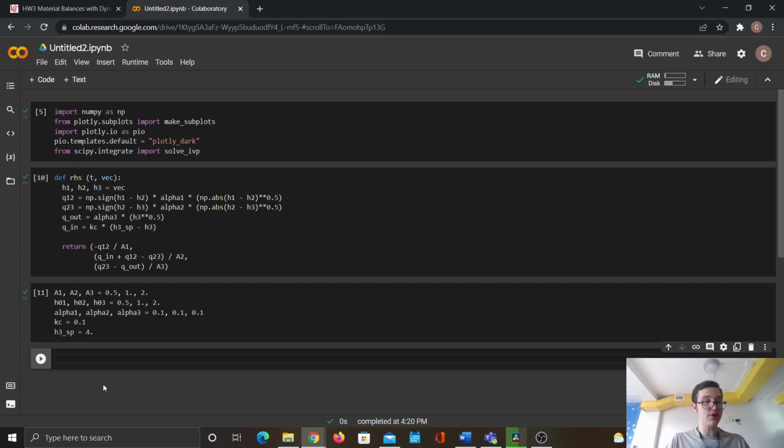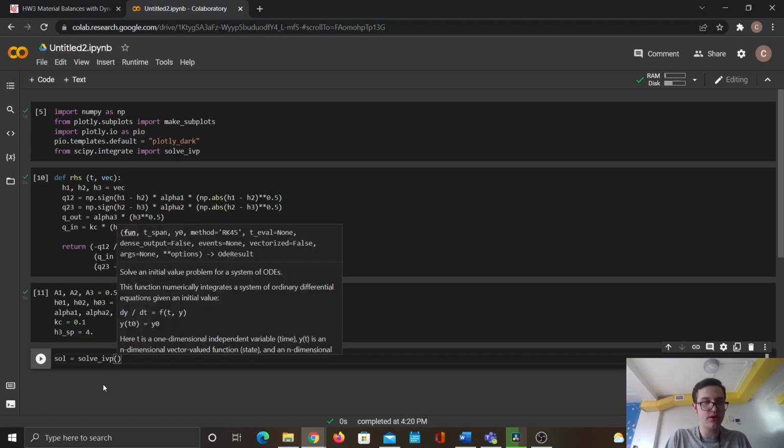So now we need to use solve IVP to create a variable or function to run the problem and find a stable solution. So let's call this sol. It's a function, so sol equals solve IVP.